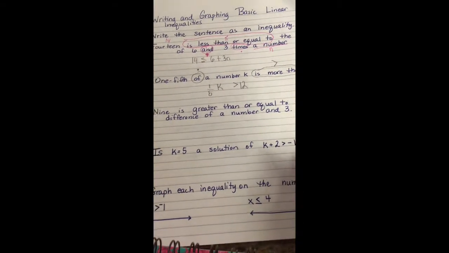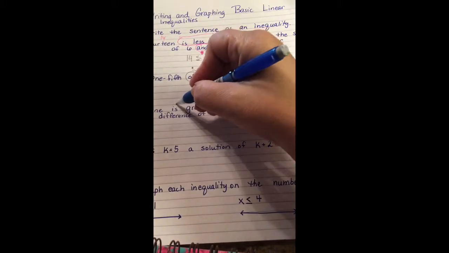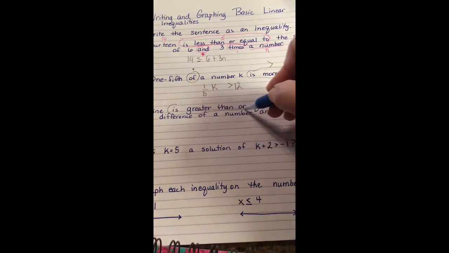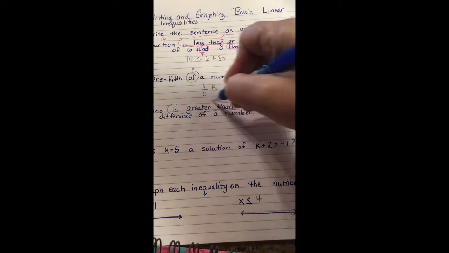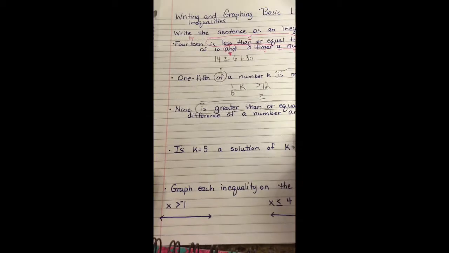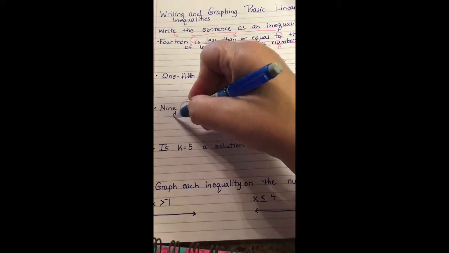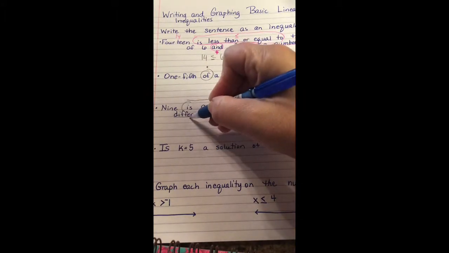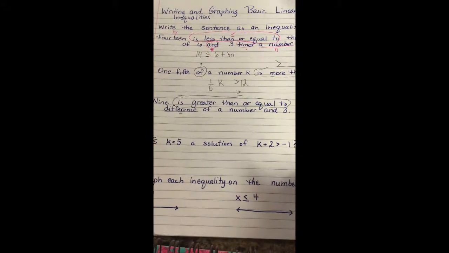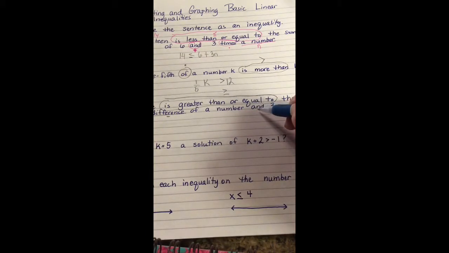There's the answer. Okay, the next one: 9 is greater than or equal to, so there's that helping verb, is greater than or equal to. We know what 9 is. The difference, what's difference mean in mathematics? It means to subtract, the answer to a subtraction problem. And what are you subtracting? You're subtracting a number and 3. So your subtraction sign goes where that conjunction is.